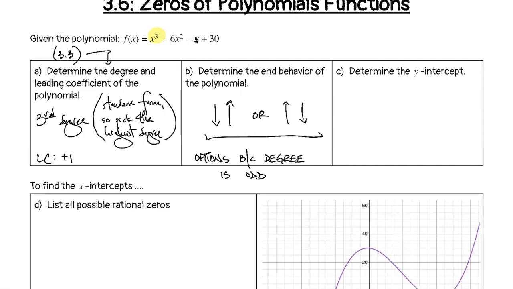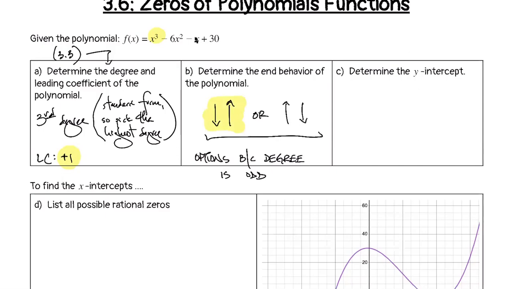It is going to be down, up, exactly. We're going to end up with down, up because it's an odd degree and a positive leading coefficient.